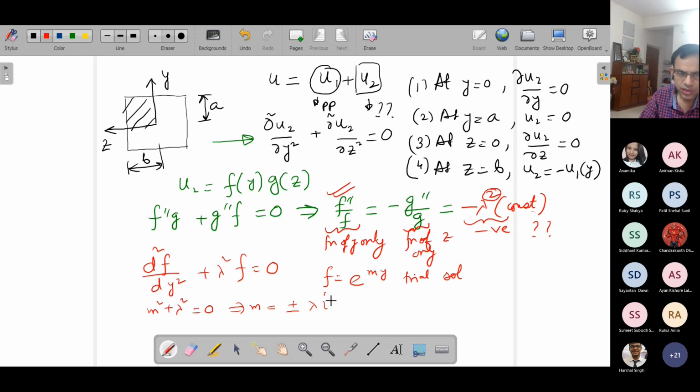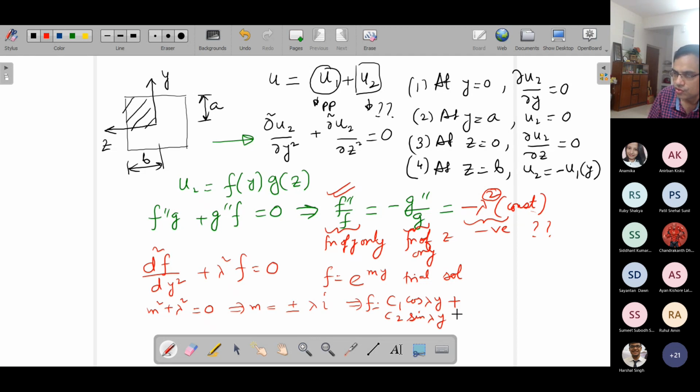So essentially, you can imagine that f will have a cos and sine combination solution. So let us say that f is equal to c1 cos lambda y plus c2 sin lambda y. Okay, so this is f.